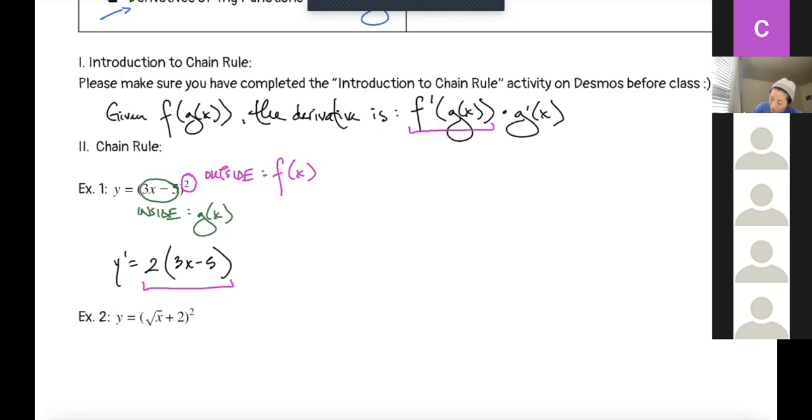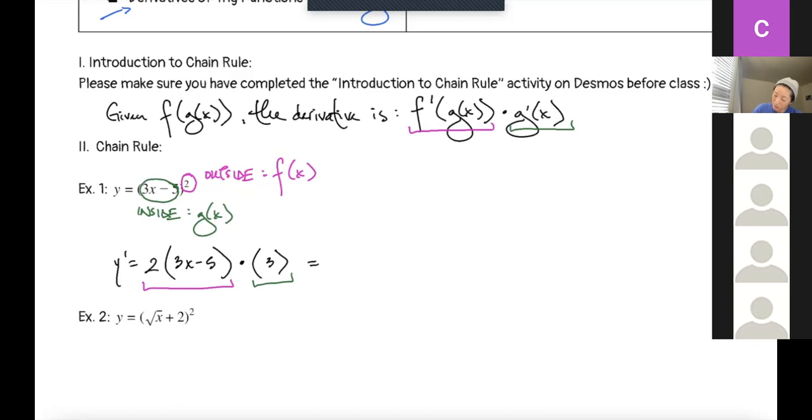Now we're going to multiply by the derivative of g of x. We have g of x is 3x minus 5. Excellent job, Aylin. That derivative is going to be 3. And that, again, comes from our g prime of x.